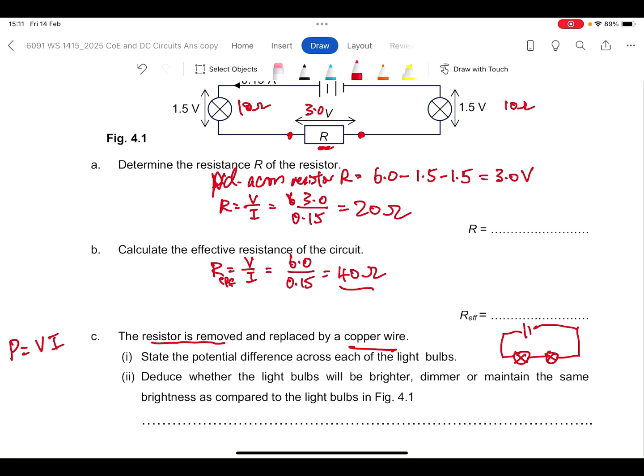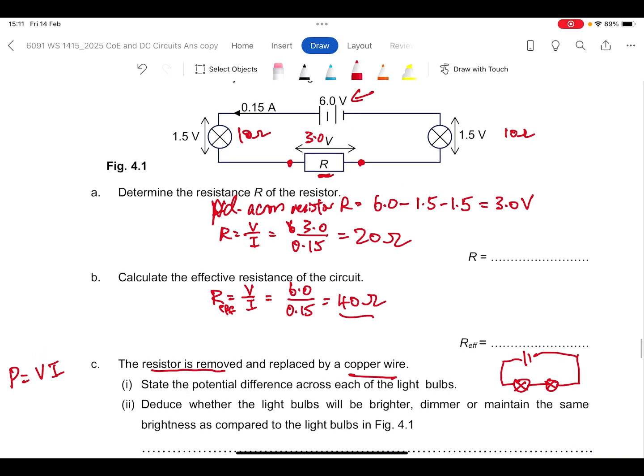But for the moment, for brightness, you can just consider the potential difference across the bulbs. Previously, our potential difference across each of the bulbs is 1.5 volts. If the potential difference increases across the bulbs, it will be brighter. If the potential difference decreases, then it will be less bright.